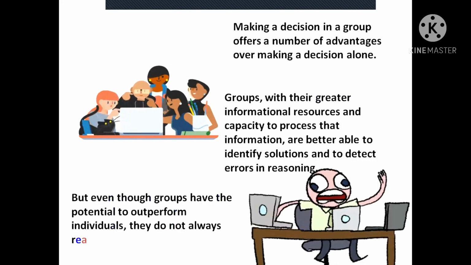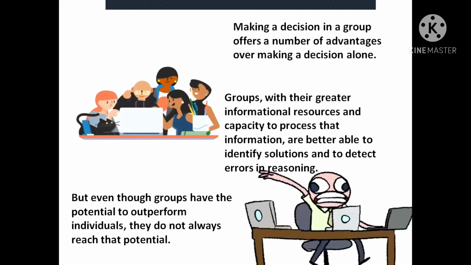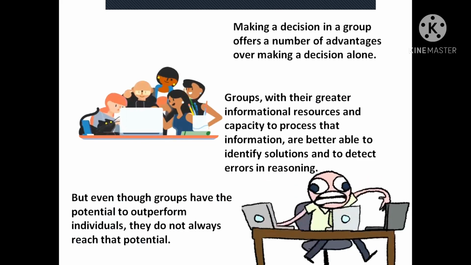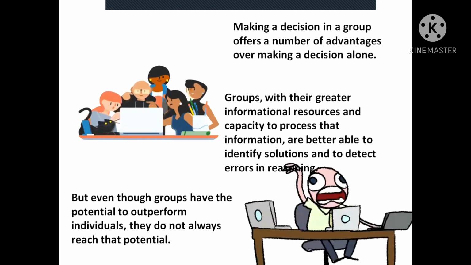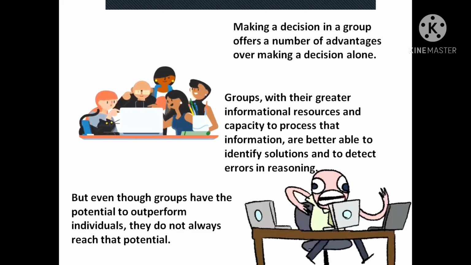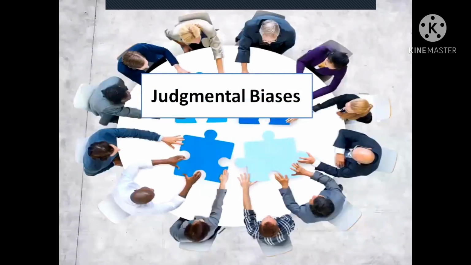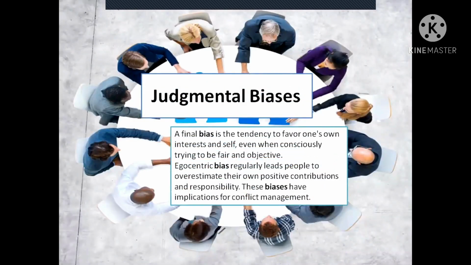And after collecting all the suggested ideas that you gather from your members, here arise the judgmental biases. Egocentric bias is a tendency to favor one's own interests and self, even when consciously trying to be fair and objective.